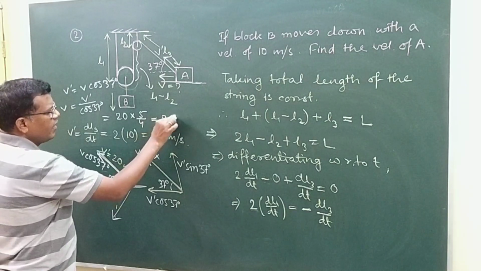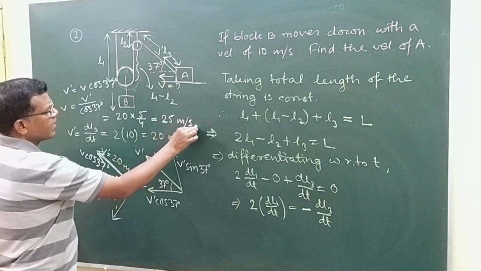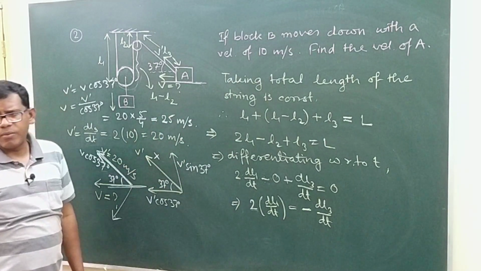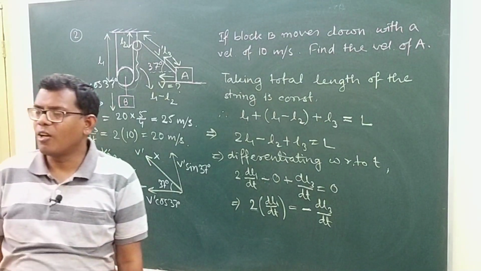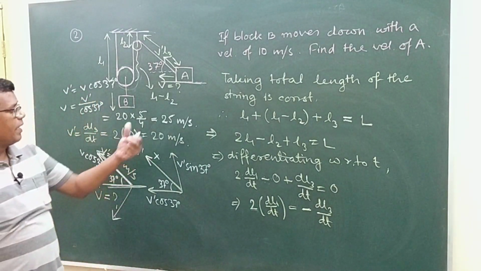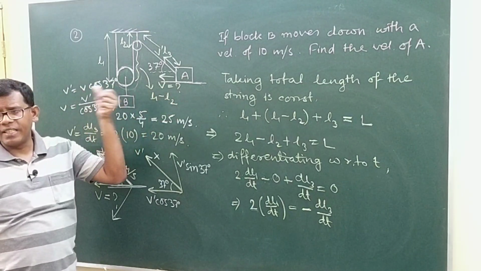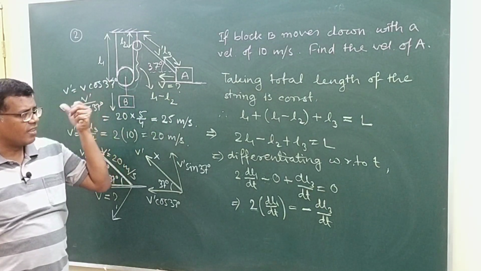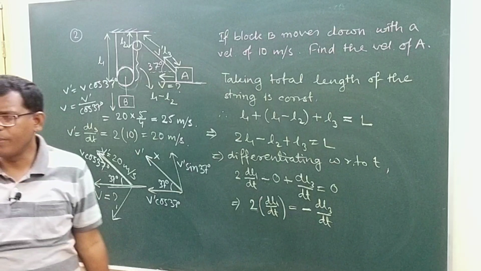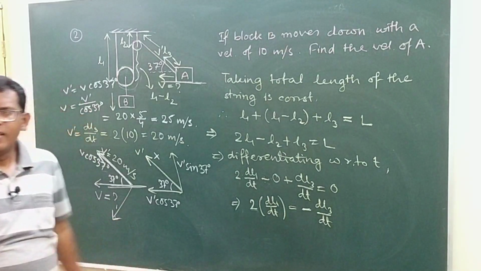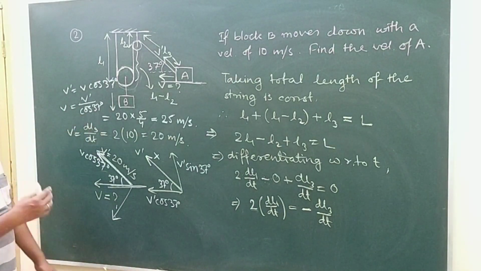So it is ultimately 25 meter per second. The velocity of block A will be 25 meter per second in the leftward direction. Got this argument? So go through it.